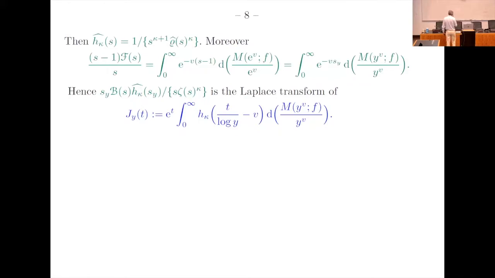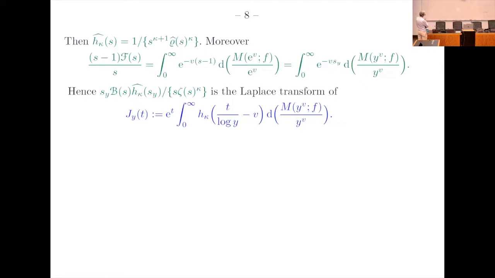Then you have the same kind of relation, so that this part, s minus 1 times f of s over s, is the Laplace transform of a measure.